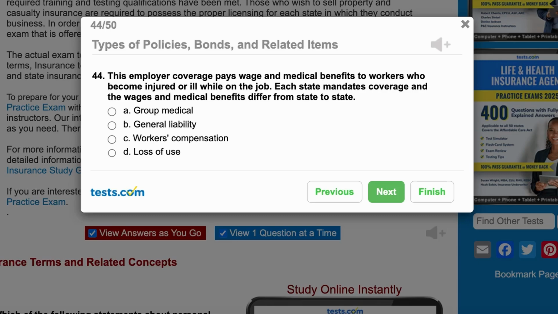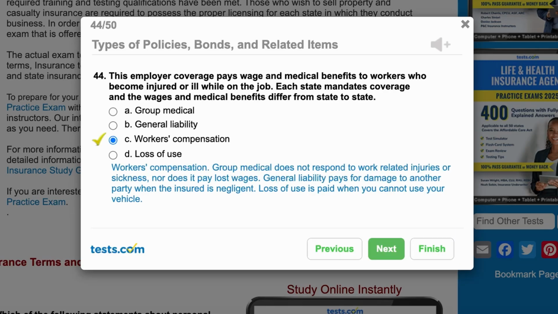D. Loss of use. C. Workers' compensation. Group medical does not respond to work-related injuries or sickness, nor does it pay lost wages. General liability pays for damage to another party when the insured is negligent. Loss of use is paid when you cannot use your vehicle.